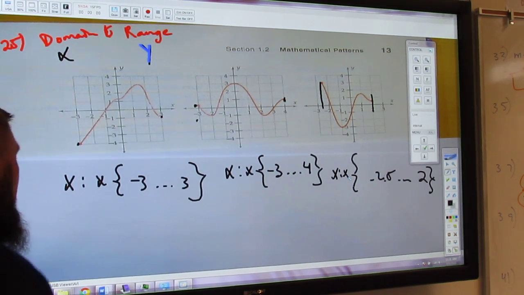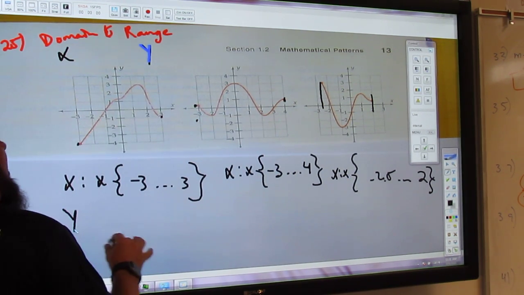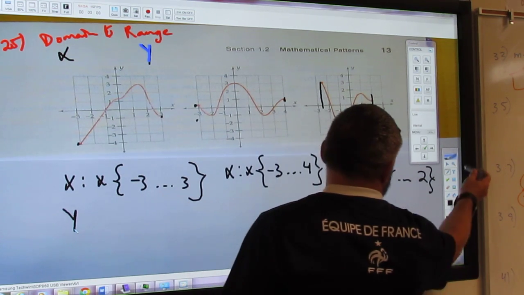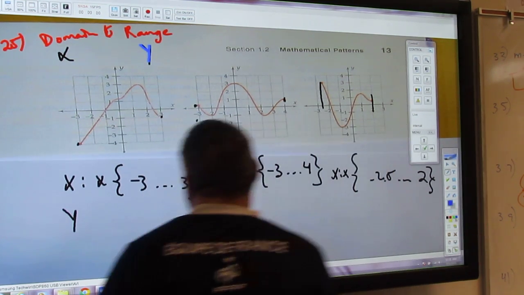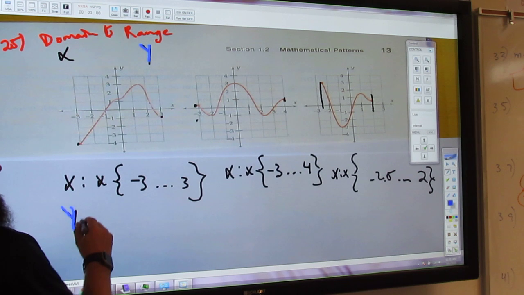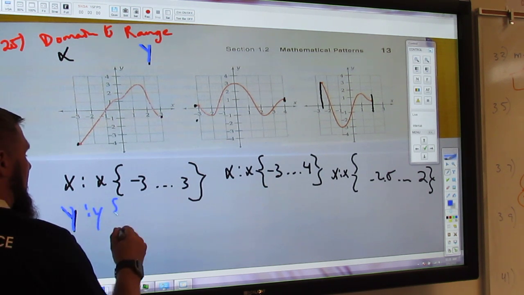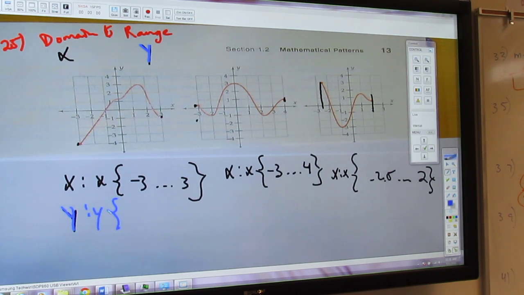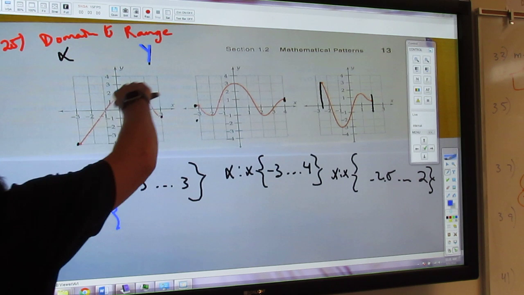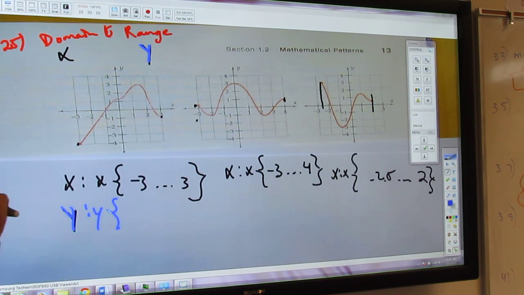What's the range? The range is the Y. Let's change the color. The range is the Y. So Dante, look up. Here, me. Through this whole function, where's the lowest point?